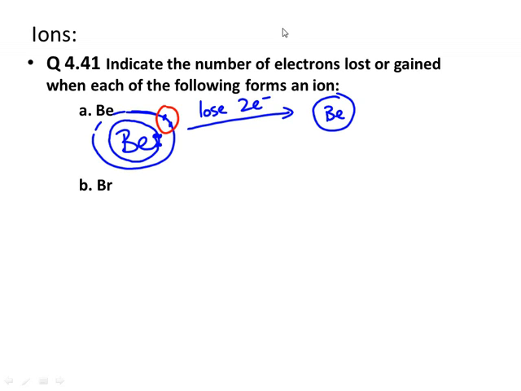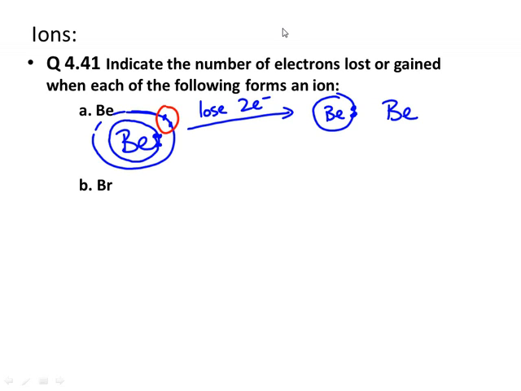The first shell now has 2 electrons. The capacity for the first shell is 2. So this tells us that the first shell, which is now the new valence shell, is full. That satisfies the octet rule. If this were to happen, beryllium, because it started with 4 electrons, now has 2.